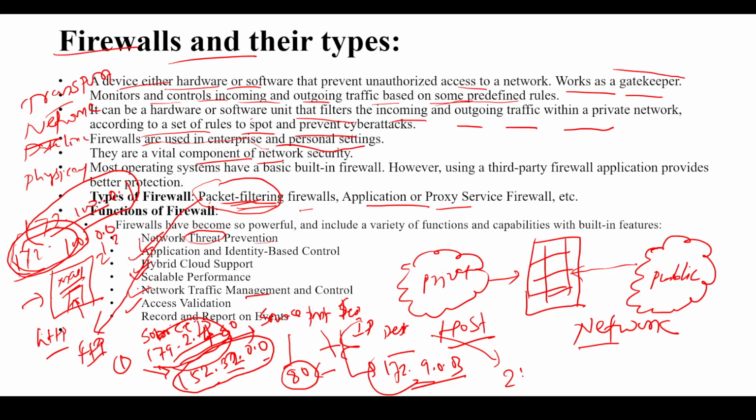If the destination port is 21 and the packet is coming from any other IP address or port, and it is received at this particular port, packet filtering firewalls block that packet. So that is the concept of firewalls, their types and their functions. Okay, thank you.